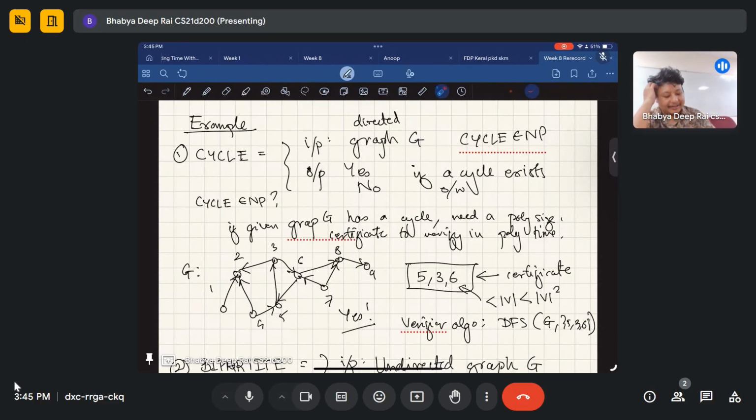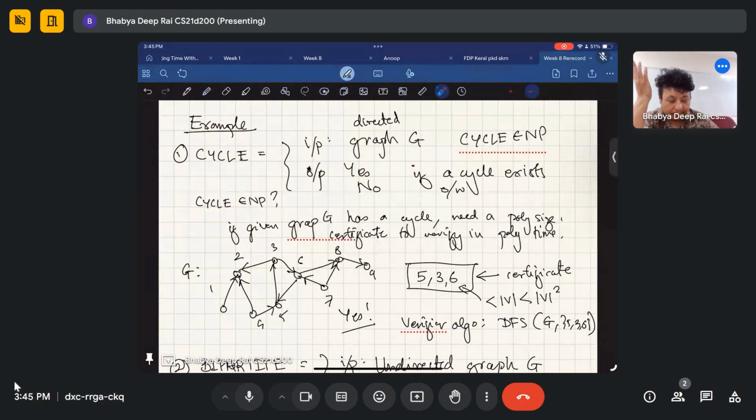Well, I'll just pick a vertex and do a DFS, and if, without backtracking, I reach the same vertex itself, I got a cycle.